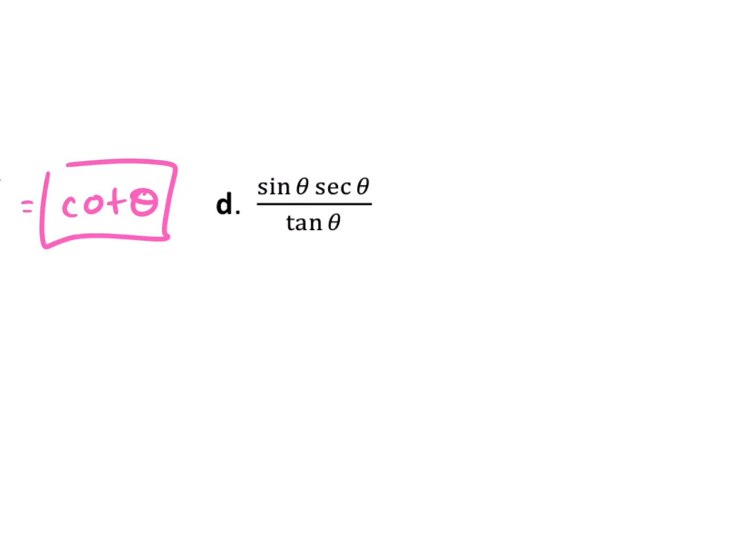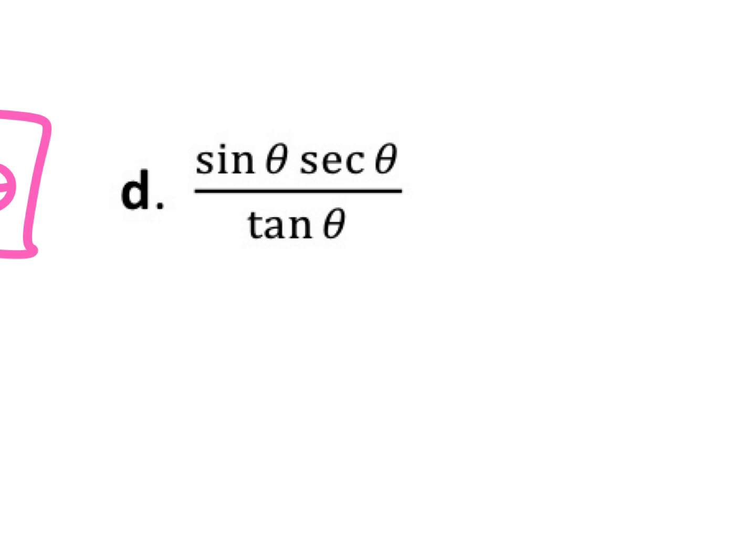All right, let's look at D. What can I do first? I can change the secant to 1 over cosine. What else can I do? I can change tangent to sine over cosine.